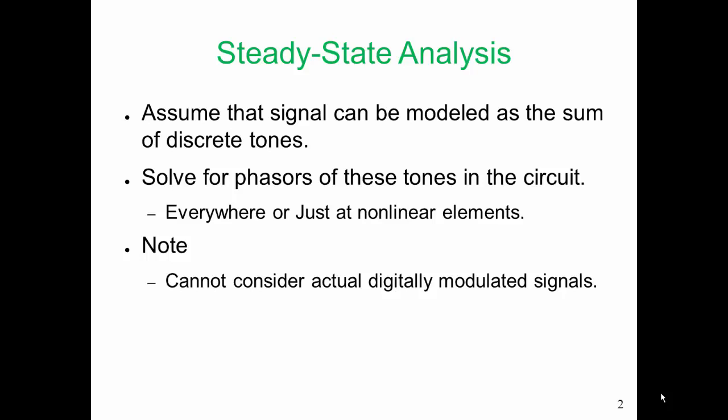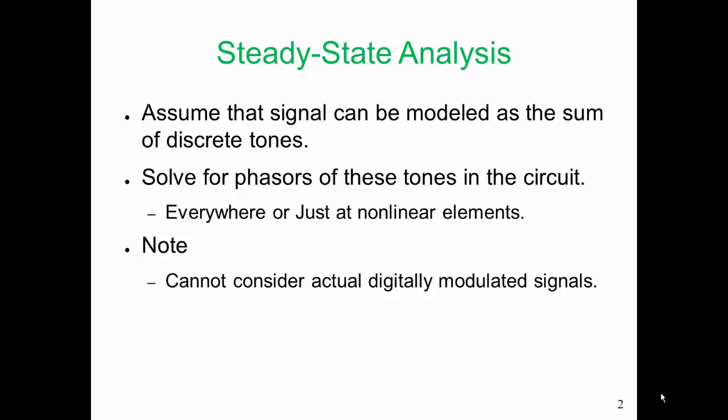The big caveat here, the note, is that we cannot consider actual digitally modulated signals. So when we are approximating our digitally modulated signal, perhaps using a two-tone test, that is, we're modeling the digitally modulated signal as though it's just two tones, we are hoping that we obtain simulation results that are a good representation of how our circuit behaves.